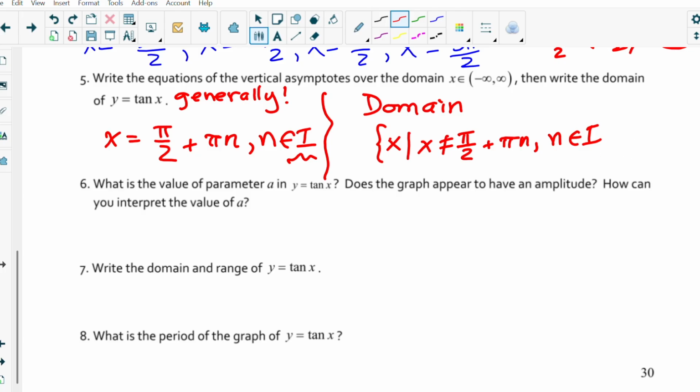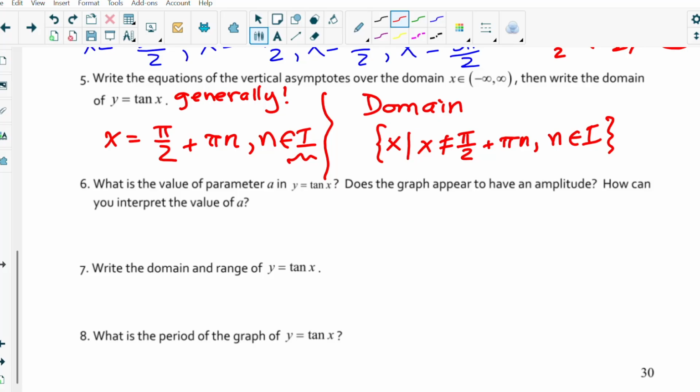The domain is everything except the asymptotes, which is what this says.